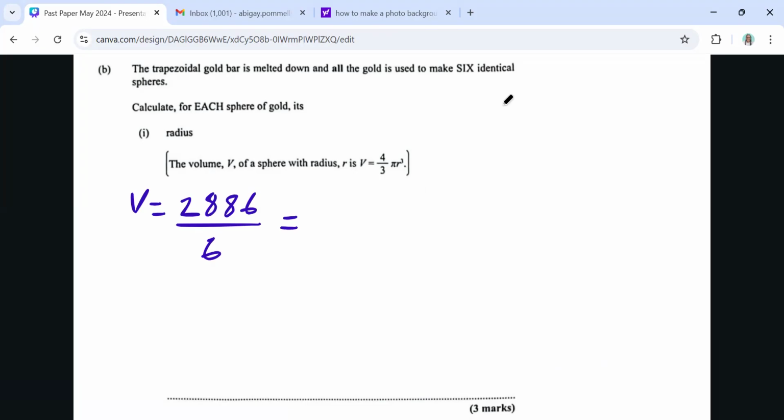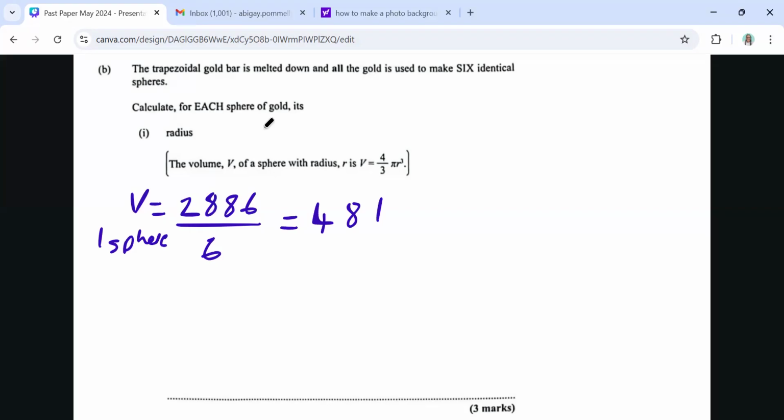So I'm finding the volume of one sphere right here. Our answer will be 2886 divided by 6, 481. So each sphere, that's the volume.